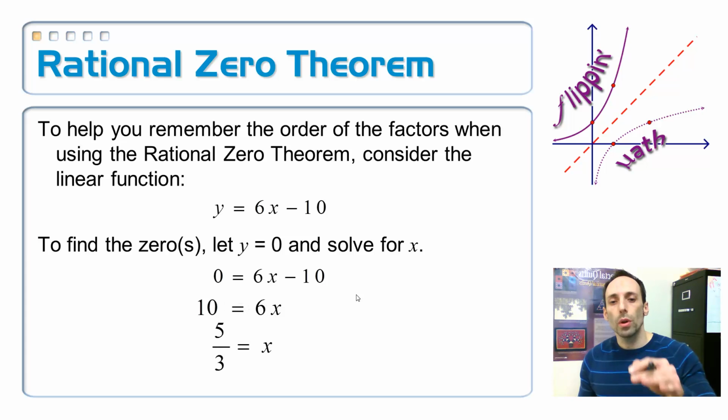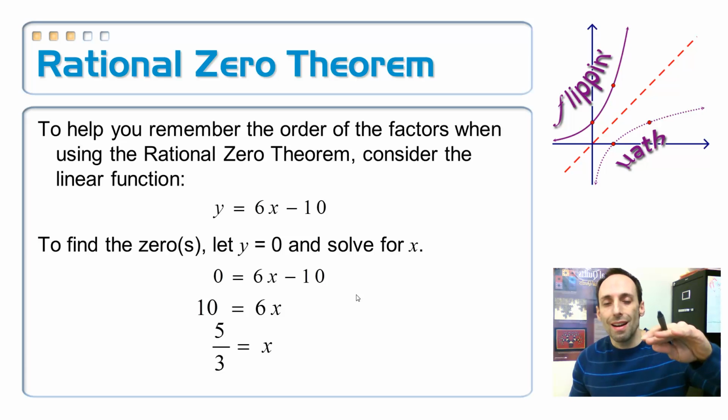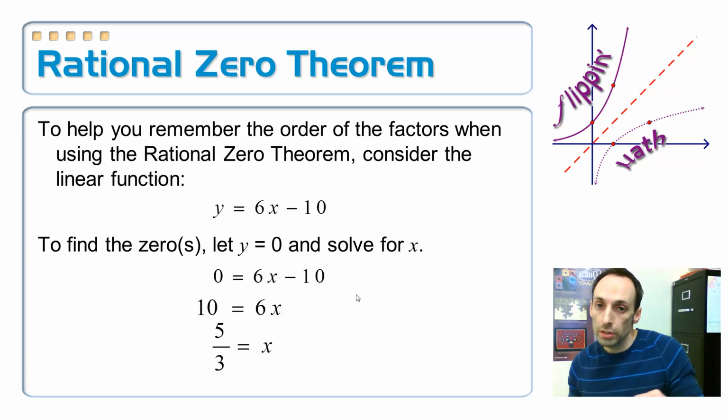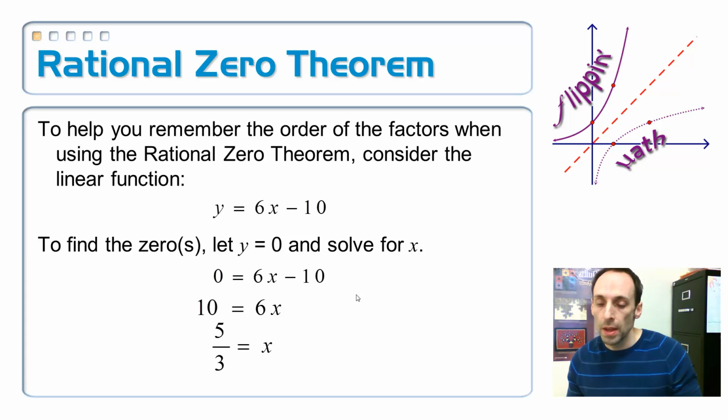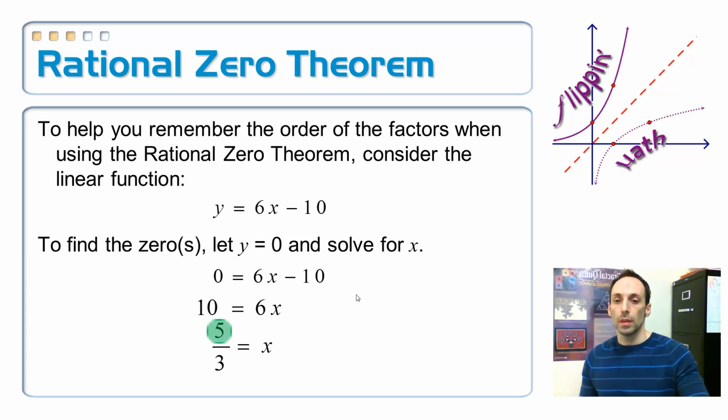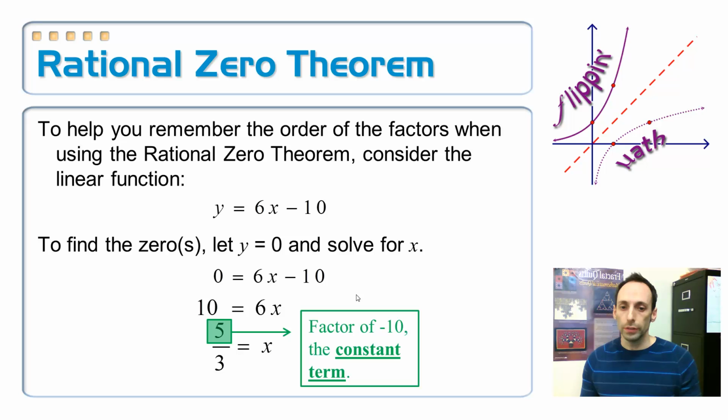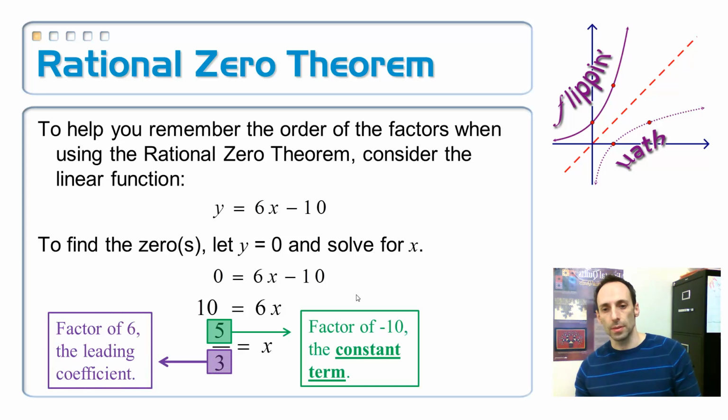So notice that what I did over there is I got the 10, which was the constant term, over to the other side of the equation, and I divided by what was in front of the x. I divided by the leading coefficient. The 5 there is a factor of the constant term 10, and the 3 is a factor of the leading coefficient 6.